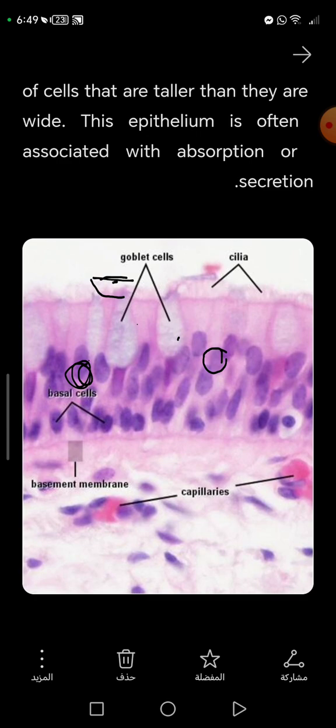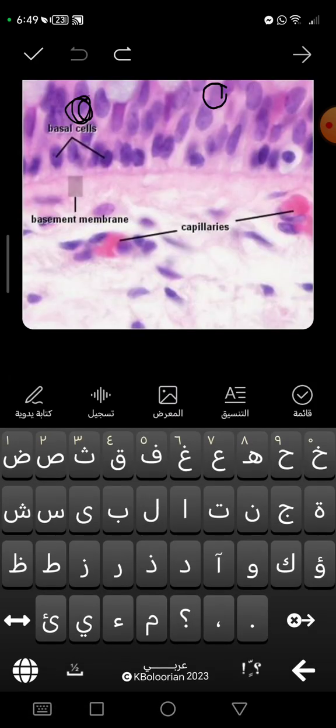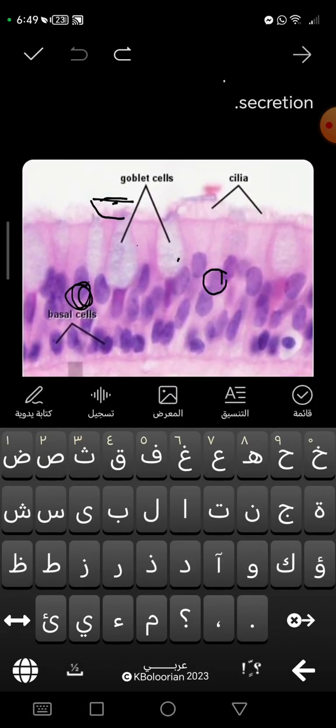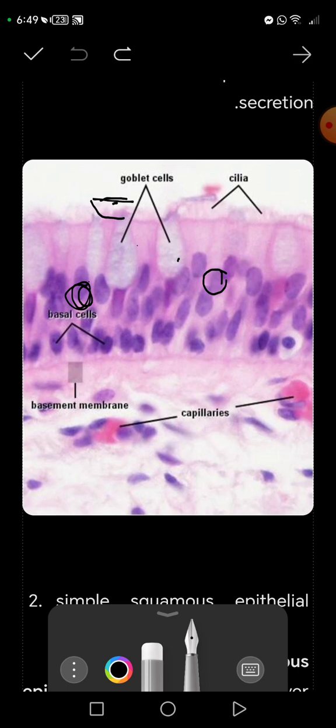I will try my best to draw on it. As we see, like that, columns of epithelia. Those are column-like structures.